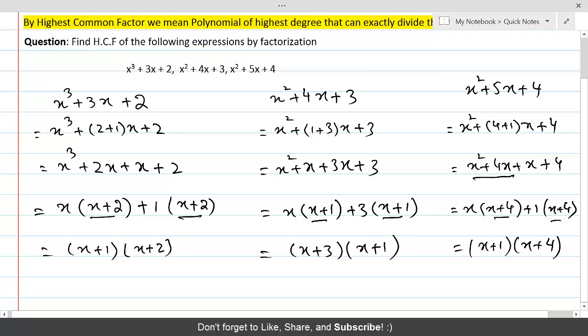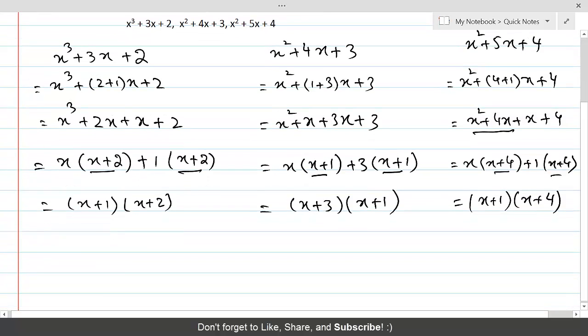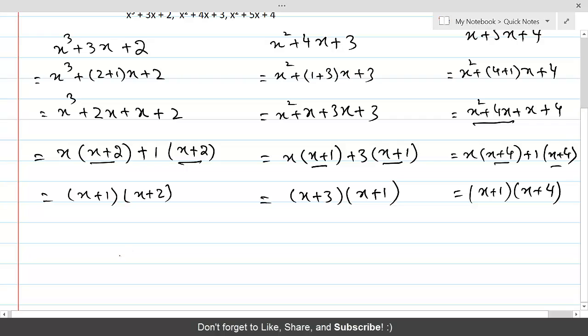Now all the polynomials have been factorized. Similarly, if there were 4, 5, 2, 3, whatever the number of polynomials, we factorize each one of them and then look for the common factors. x plus 1 is here, x plus 1 is here, x plus 1 is here.